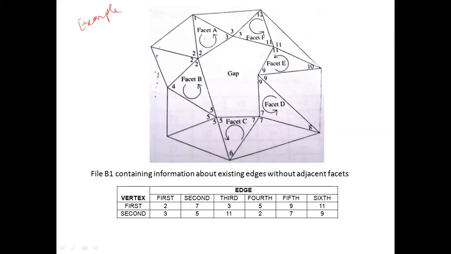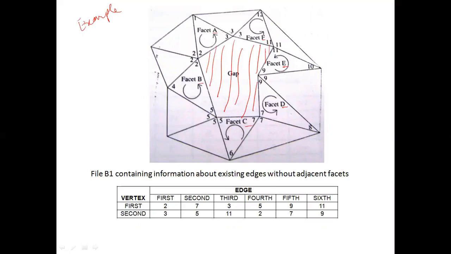So in this example, what you see is that this is a gap, okay? And this gap is actually shared by lots of facets: facet A, facet B, facet C, facet D, facet E, and facet F. So if you remember, the first step is to identify all the facets and check all the facets for their edges having equal and opposite orientability.